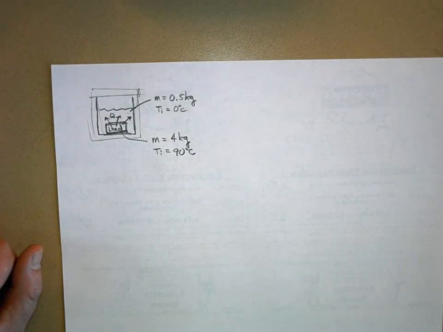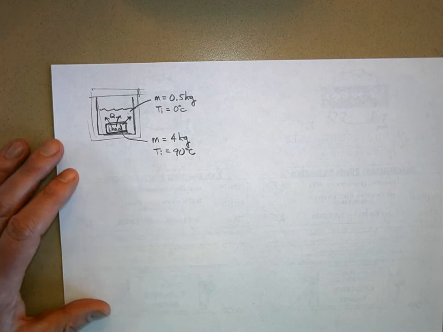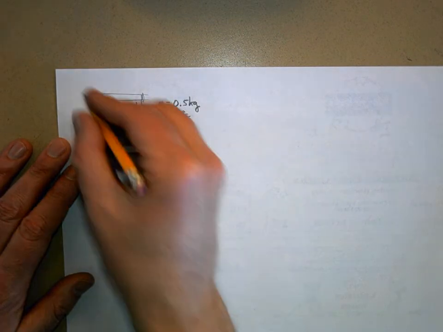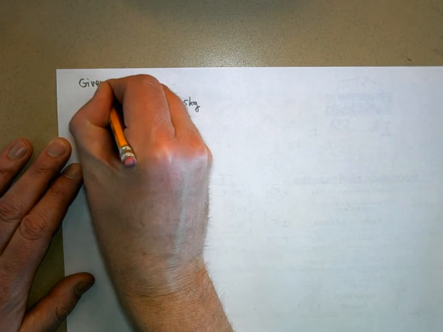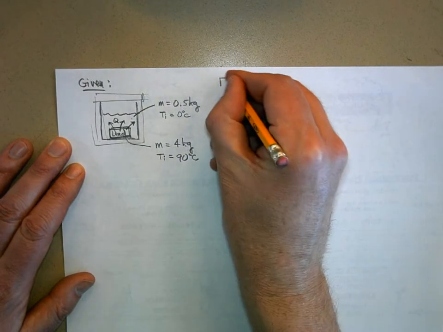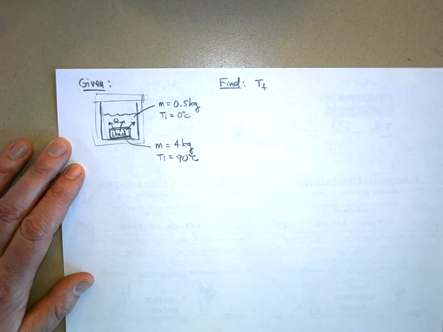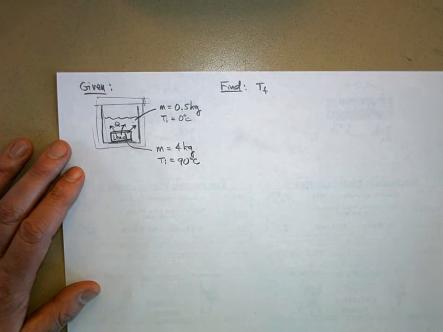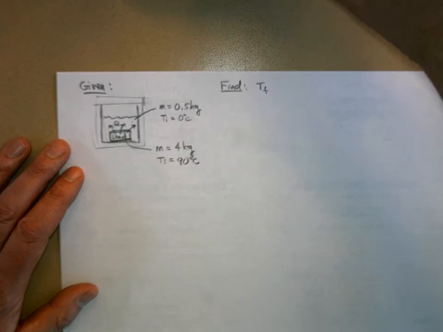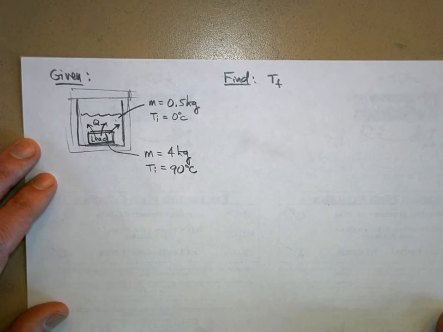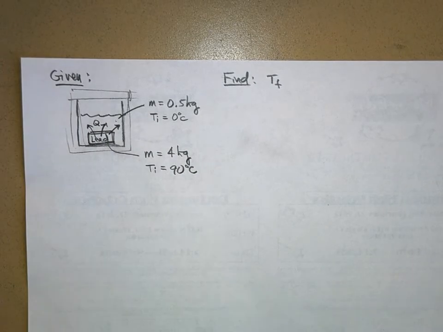Now, here comes what I want to know. So this is what's given. What I want to find is, what's the final temperature when they reach thermal equilibrium? At what temperature will they reach equilibrium?